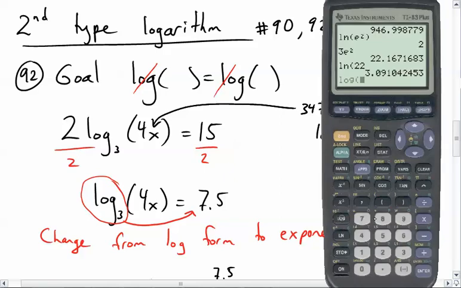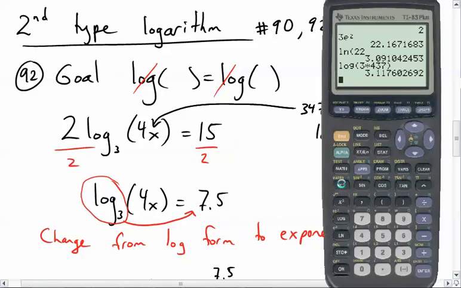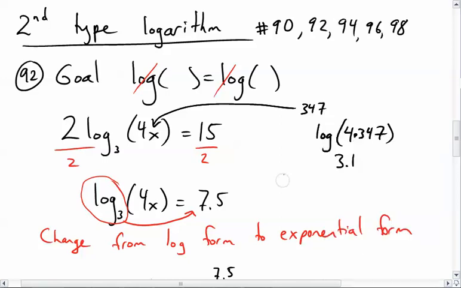Oops, I chose the wrong numbers. Okay, so that's defined. It's real. We're okay. We don't have to worry about a non-real answer. Okay, so if you get stuck, just keep asking questions on Piazza, and I'll help you out here.